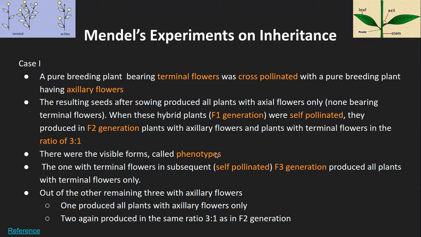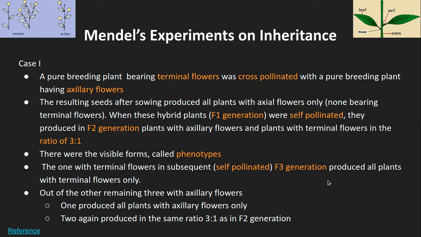And these were obviously visible forms, which is called the phenotype. Now, the one with the terminal flower, the homozygous recessive one, small a, when it was self-pollinated in the F3 generation, produced only terminal flowers.